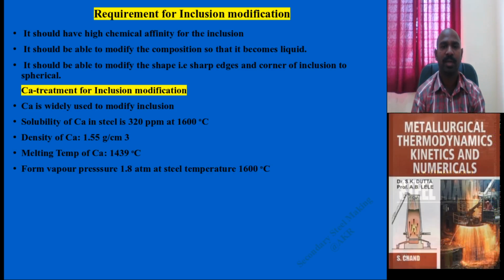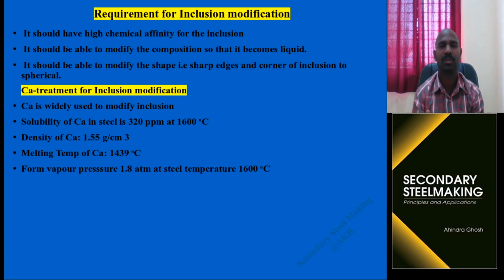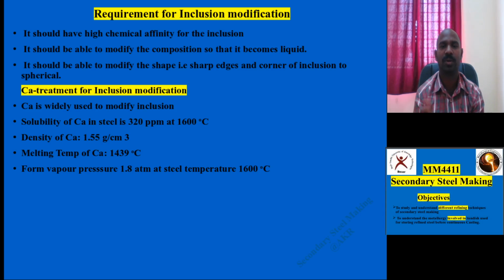If 100% calcium is added in the form of powder and put into an encapsulated steel tube, it gives 1.5 atmosphere vapor pressure at 1600 degrees. It means the calcium is evaporated. So how do you avoid that?